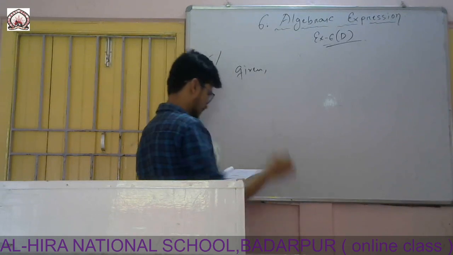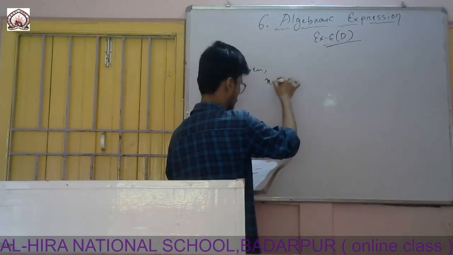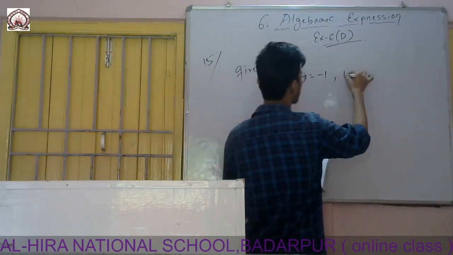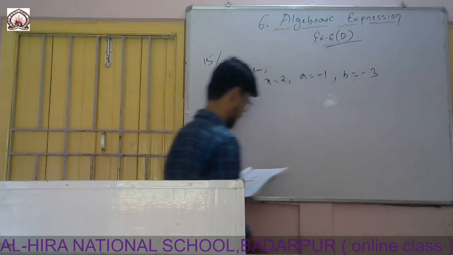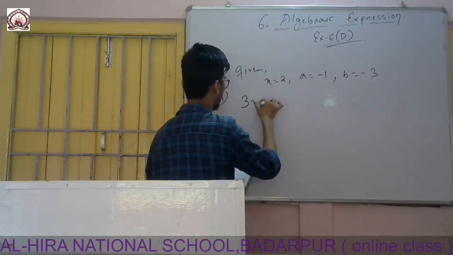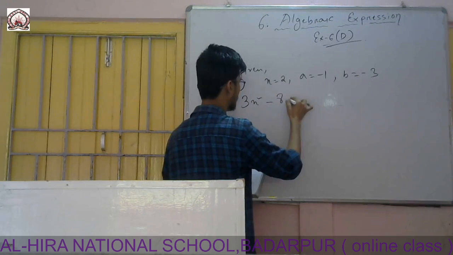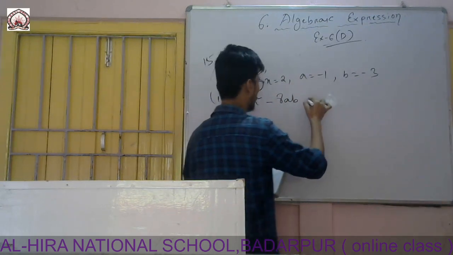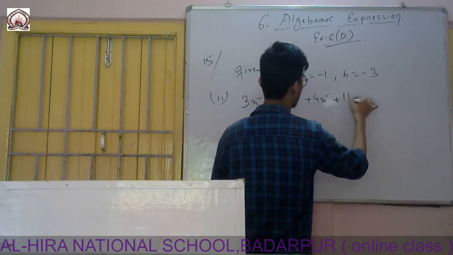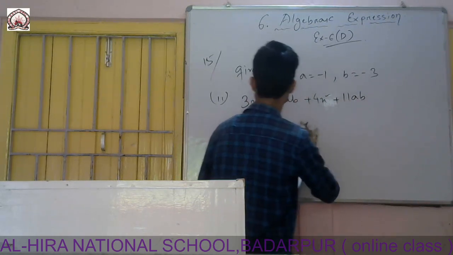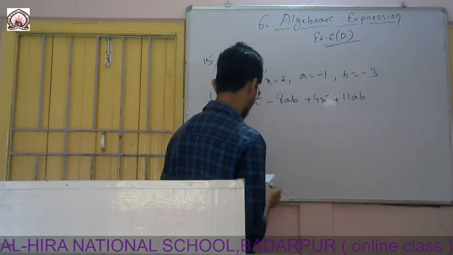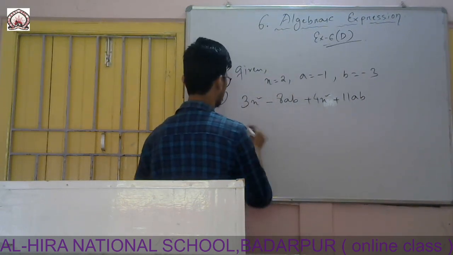Question number 15, given x is equal to 2, a is equal to minus 1 and b is equal to minus 3. I am doing Roman number 2. 3x square minus 8ab plus 4x square plus 11ab.